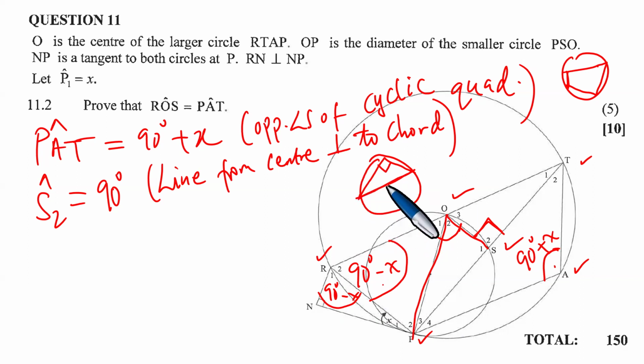A line through the center of a circle is called a diameter. It subtends an angle of 90 degrees there. So this diameter of the smaller circle is going to subtend an angle of 90 degrees there. But it's a straight line, so S2 is also 90 degrees. And that is the point we're trying to raise.